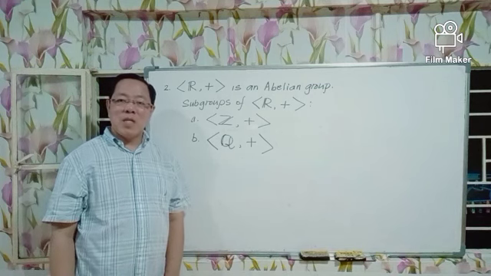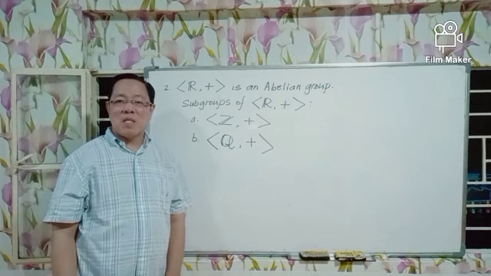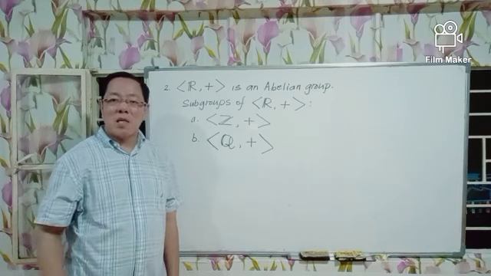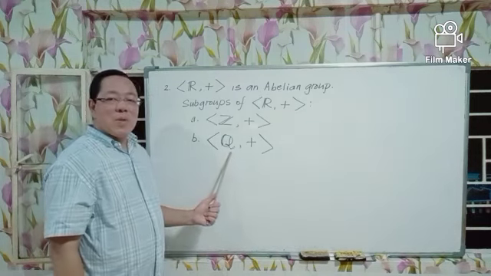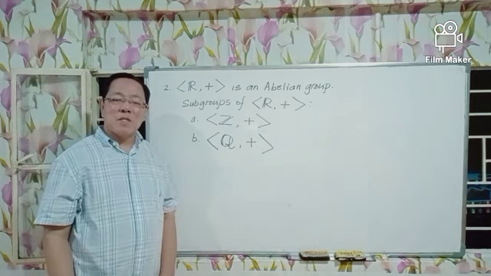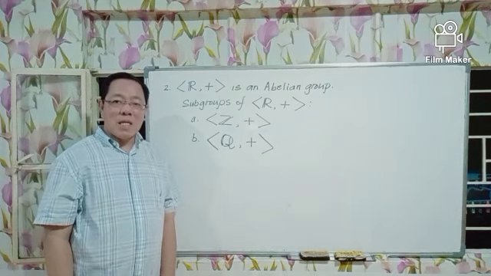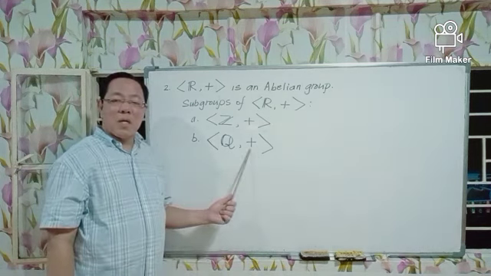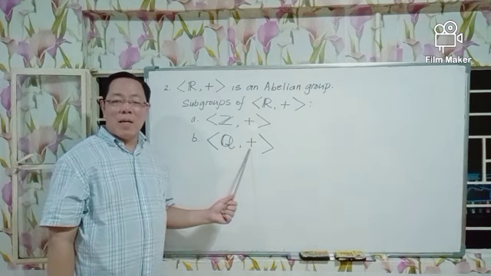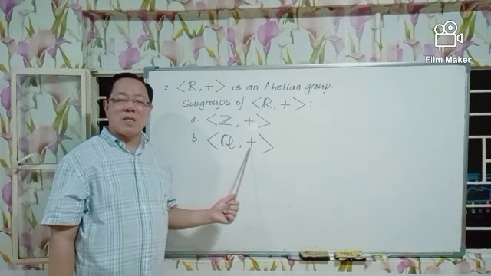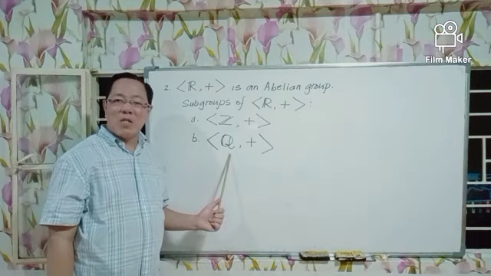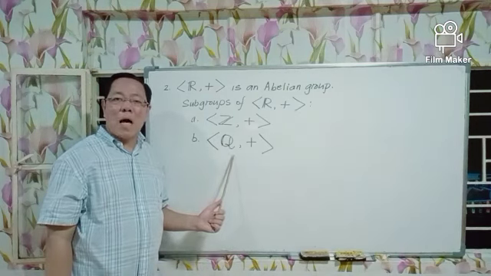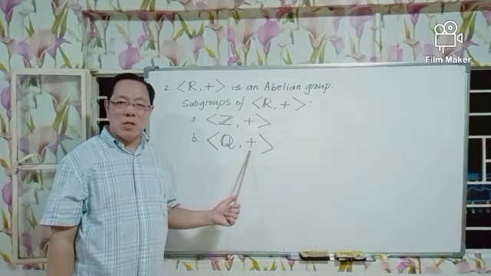And a rational number is a real number that can be written as a ratio of two integers. And if you take any two rational numbers and you combine them by the binary operation addition, the sum is again a rational number. Therefore, the set of rational numbers is closed under the binary operation addition.